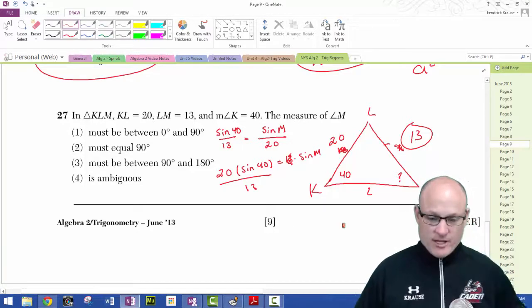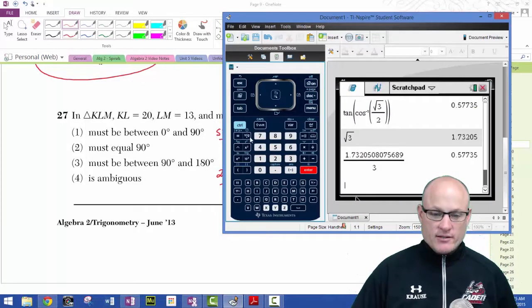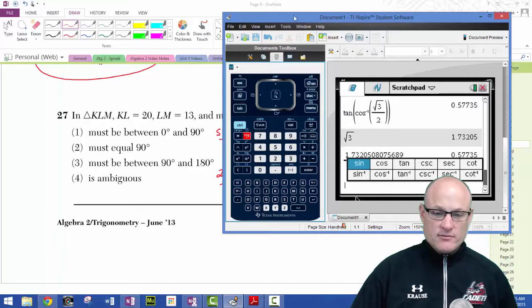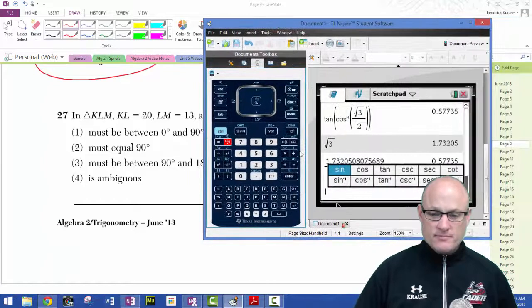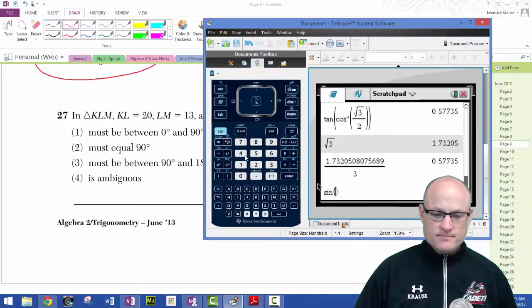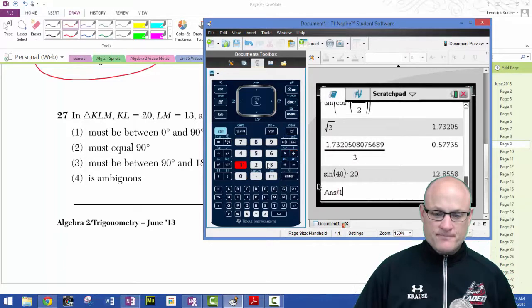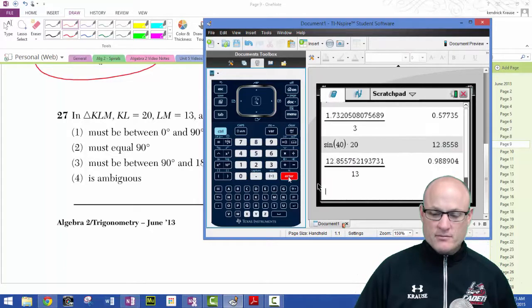So if I do that in my calculator, the sine of 40 times 20, divided by 13 is 0.9888.